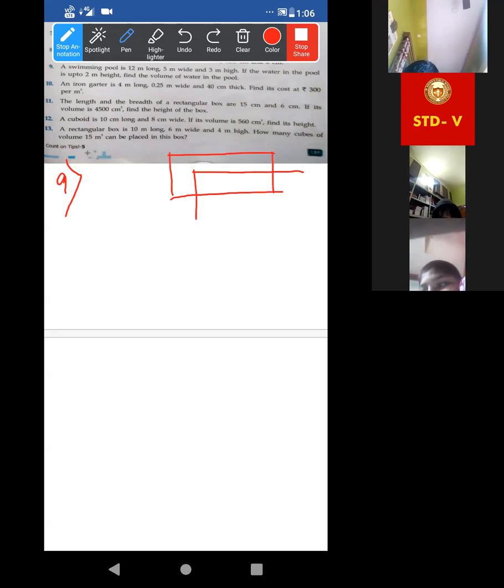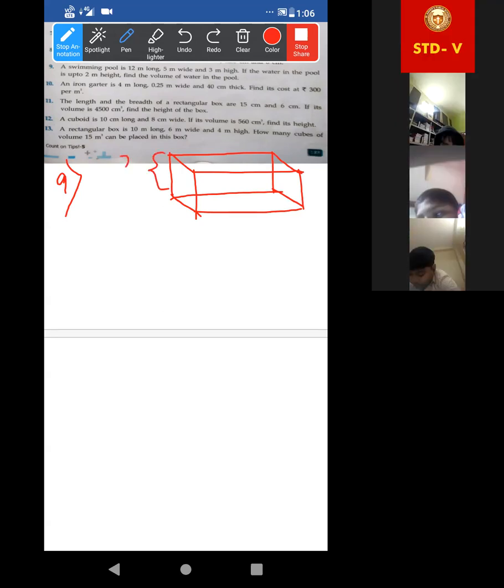Basically, if you draw the figure a little bit bigger, it will be better. Total, just take this one as 3 meter, but just cut there. Take this one as 2 meter, okay? Understood?